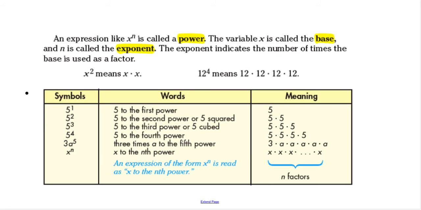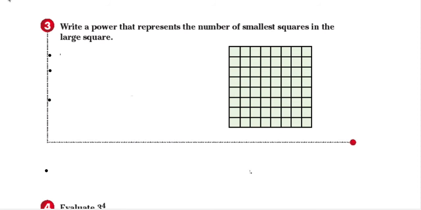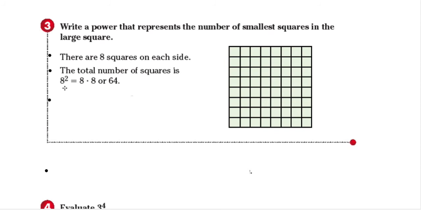And let's take a look at example 3 and see how this works. Write the power that represents the number of the smallest squares in the large square. So in this example, there are 8 squares on each side. Obviously, the total number of squares would be 64, because 8 squared equals 8 times 8, or 64.